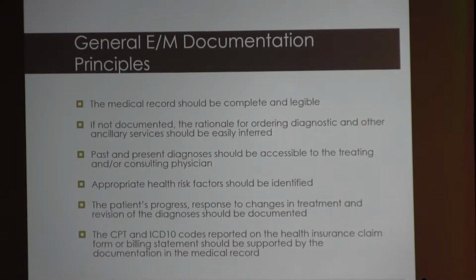The appropriate level of health risk factors should be identified. Patient's progress, the response to the treatment, the revision of the diagnosis as you continue to see this patient needs to be done. The CPT and ICD-10 codes reported on the health insurance claim and the billing statements should be supported by the documentation within the medical record.